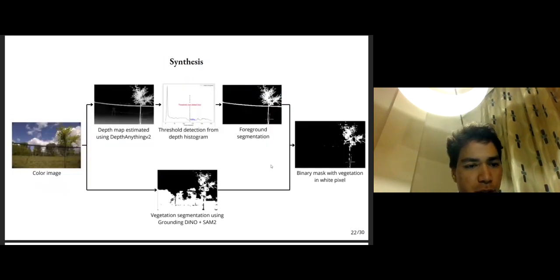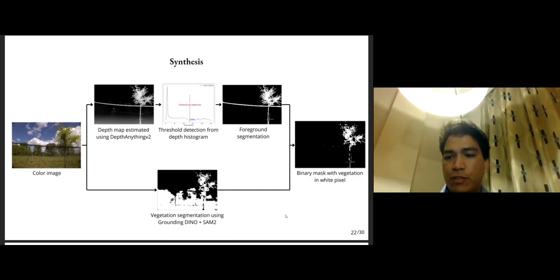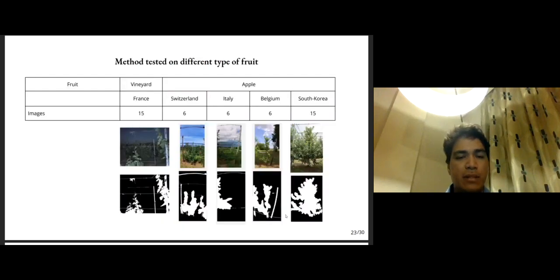To sum up, our method is divided in two parts. First we segment the foreground, and the last is the vegetation segmentation using AI models, Grounding DINO and SAM2. The output is a binary mask with vegetation in white pixels.